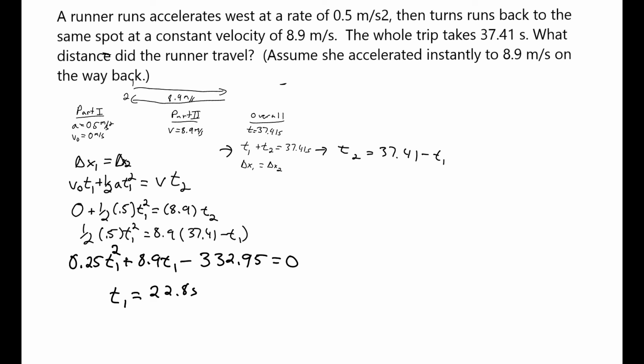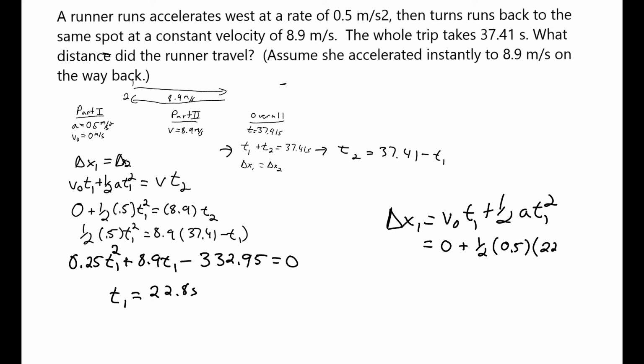We could find t2 and do velocity times time, or since delta x1 equals delta x2, delta x1 is going to be equal to V0 t plus 1/2 a t squared, and that's t1, so that equals 0 plus 1/2 times 0.5 times 22.8 seconds squared. Delta x1 equals what then?